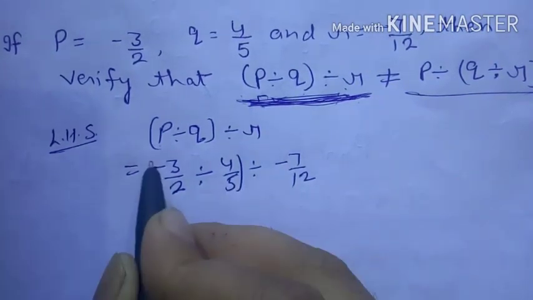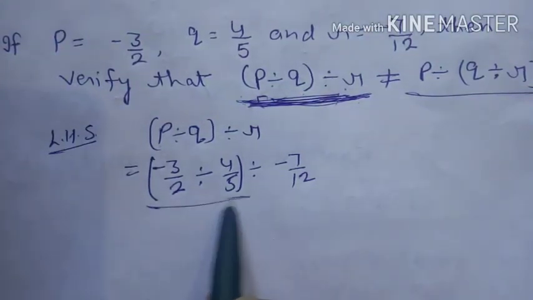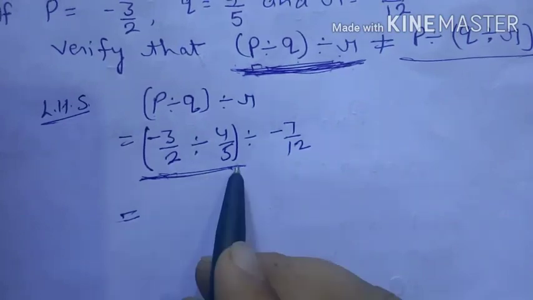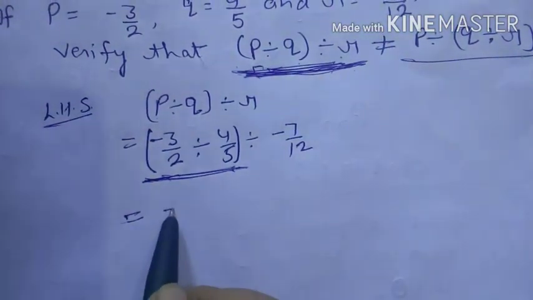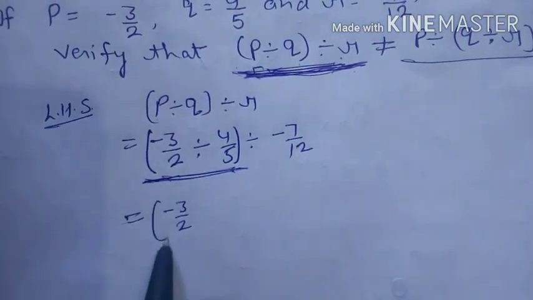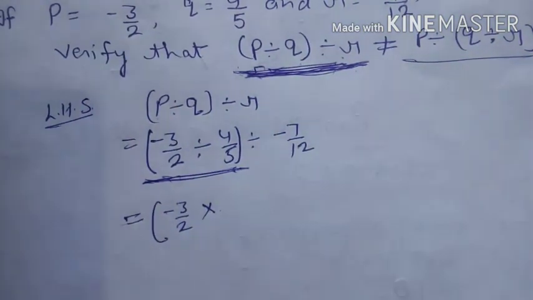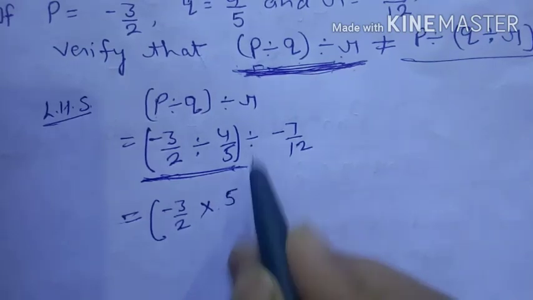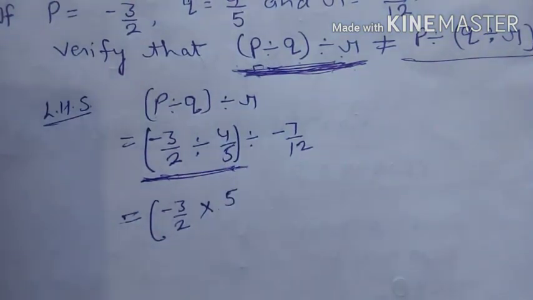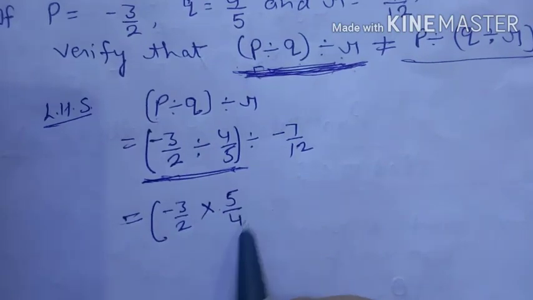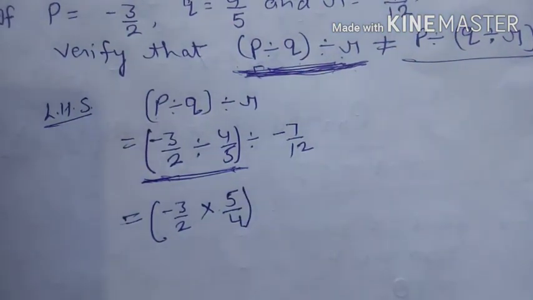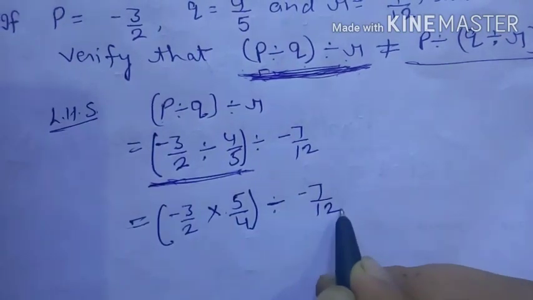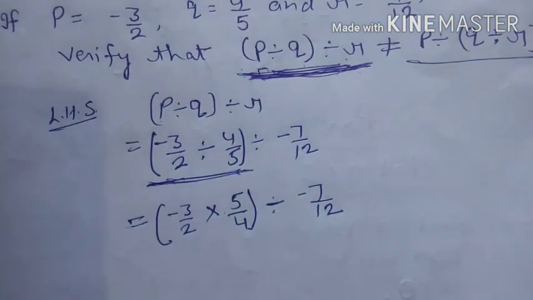And first of all, according to grouping, we will solve this, which is under bracket. So students, this is minus 3 upon 2. Now we will change it into multiplication, and we will write here the multiplicative inverse of 4 upon 5. What is the multiplicative inverse of 4 upon 5? That is 5 upon 4, reciprocal of 4 upon 5. Now divided by minus 7 upon 12. I am solving left hand side now, then I will solve right hand side.